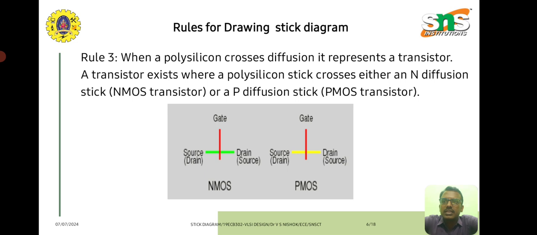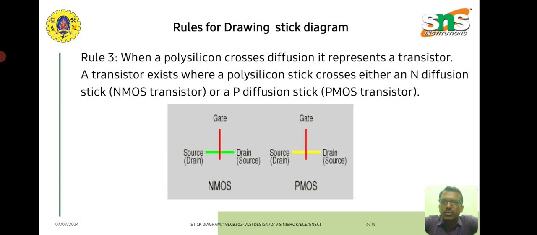Next, rule number 3: when a polysilicon crosses a diffusion, it represents a transistor. Polysilicon is red in color, and diffusion is either P diffusion or N diffusion. For N diffusion we use green, and for P diffusion we use yellow.